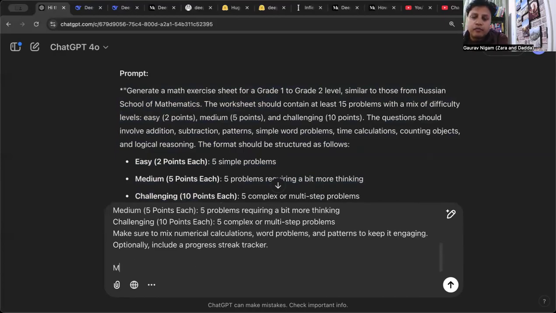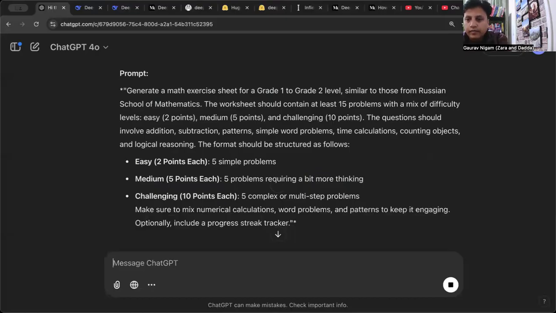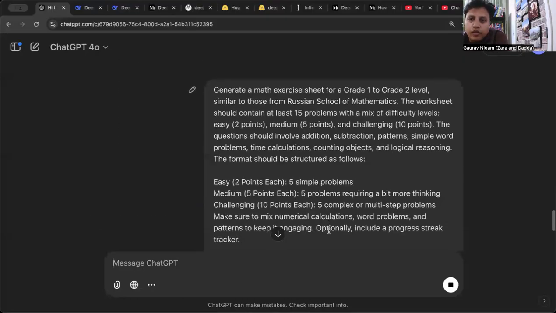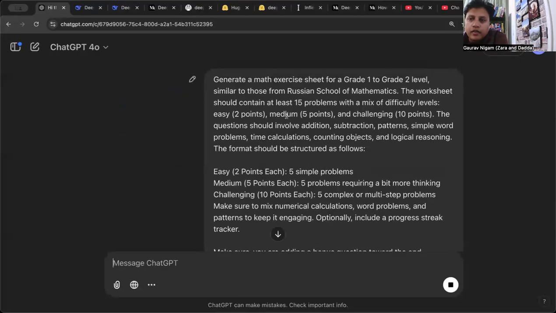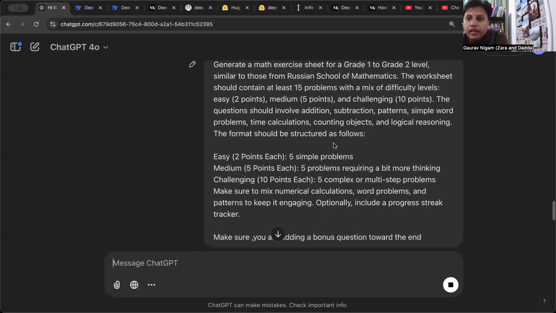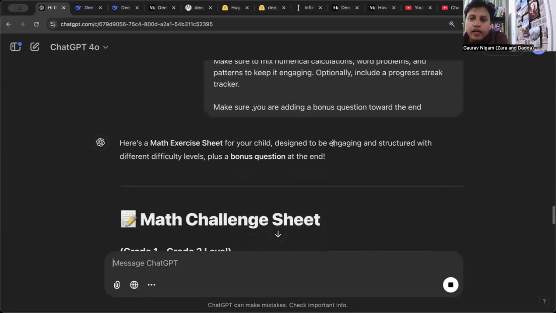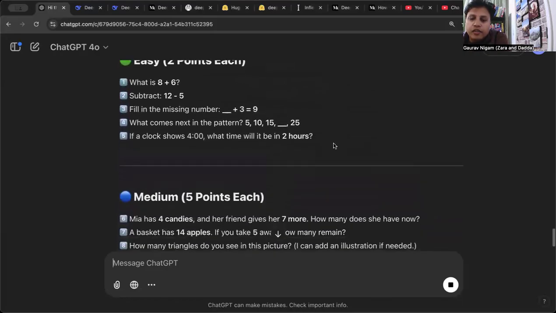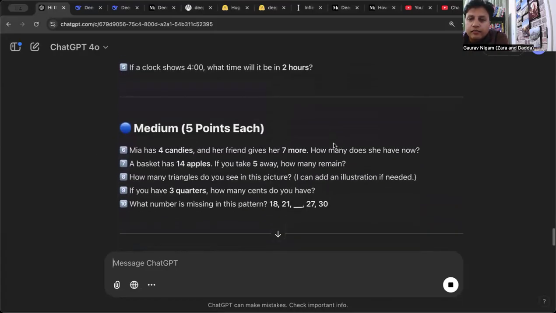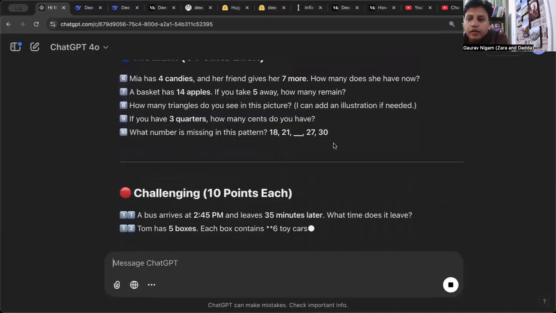You can say, make sure you are adding a bonus question toward the end. So now we have a well-defined prompt that is working, and we can update it with additions like bonus questions or something that your kids like, right?